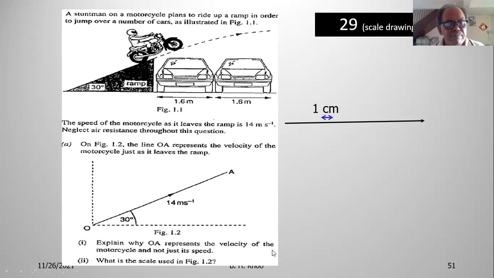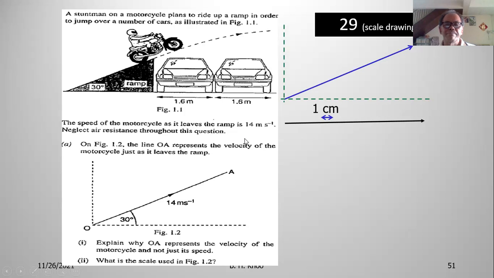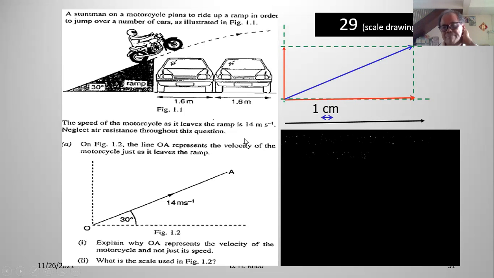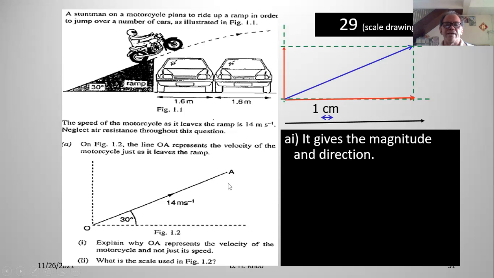Explain why OA represents the velocity and not just the speed. Right? OA has a direction, 30 degrees, and magnitude, so it's a vector. It gives magnitude and direction.